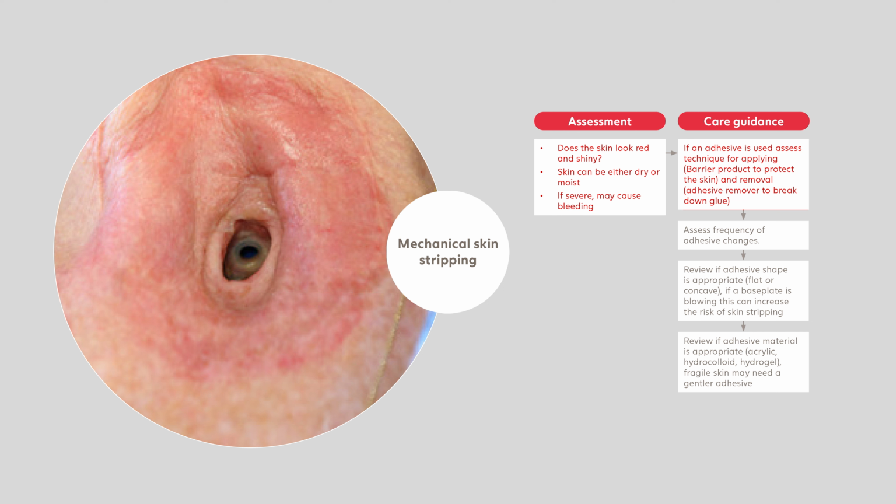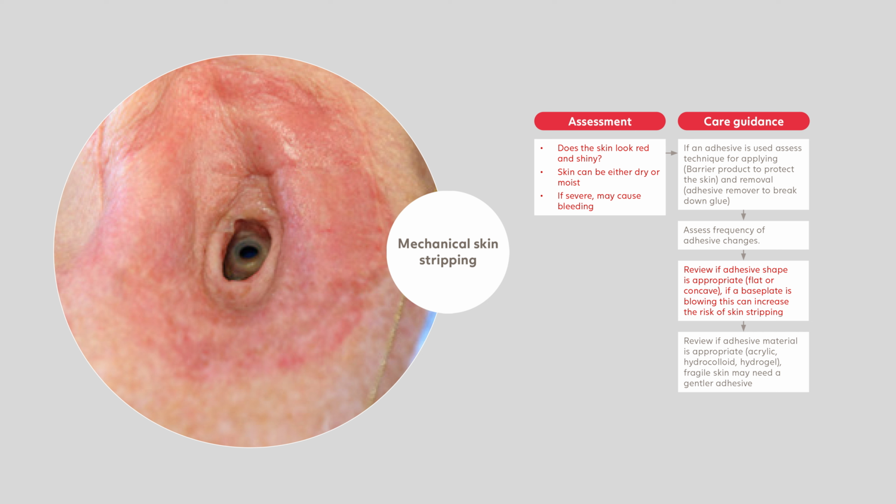Also, within the care guidance, we would identify how frequently our patient is changing the base plates or the adhesives. Wherever frequency is more than usual, we would then further review if the adhesive shape that the patient is using is appropriate, because ill-fitting adhesives or base plates will likely blow off and not adhere effectively, leading to constant removal, ergo mechanical skin stripping.